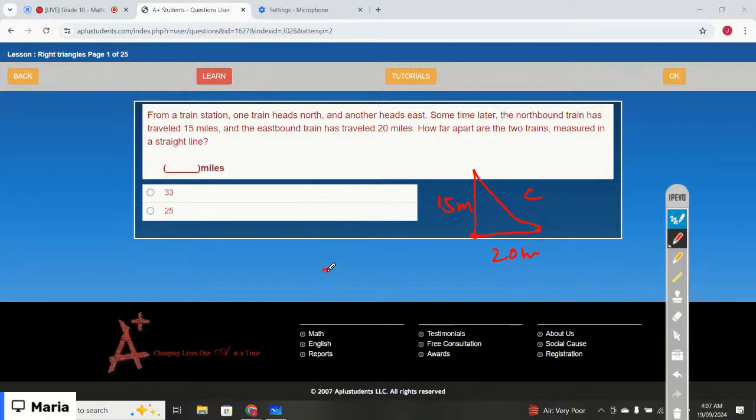So you have to do C square equals A square plus B square. A square is 15 square, B is 20 square. 15 square is 225 and 20 square is 400. That is 625 equals C square. So just square root both sides, C equals 25.